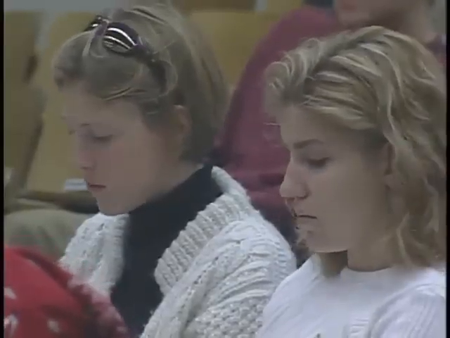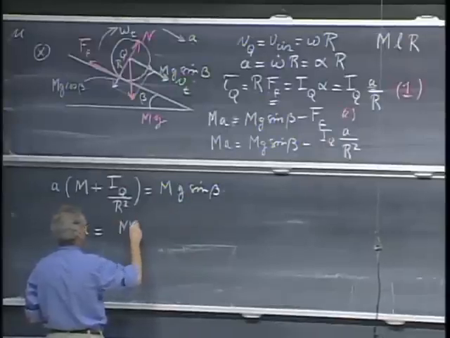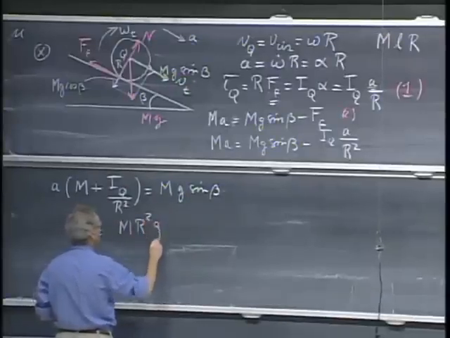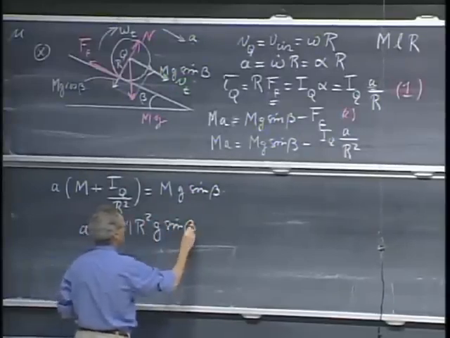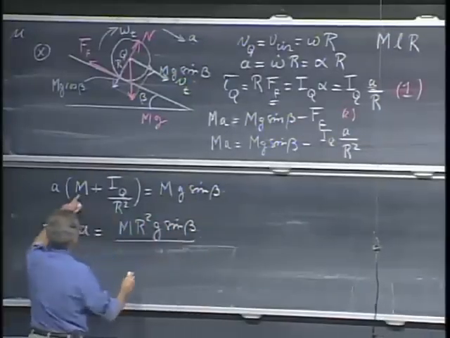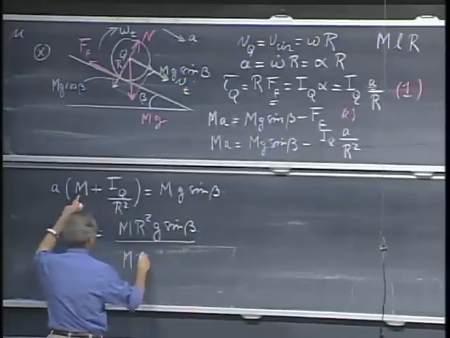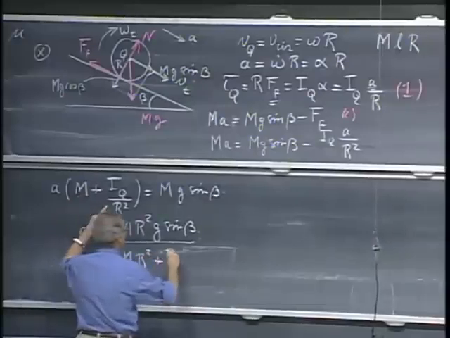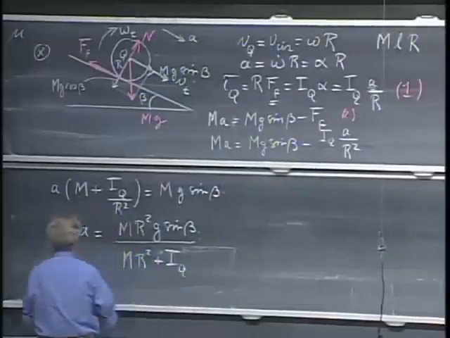And now I'll multiply both sides with r squared. I get m r squared g sine beta upstairs, and downstairs I get mr squared plus the moment of inertia about that point Q.